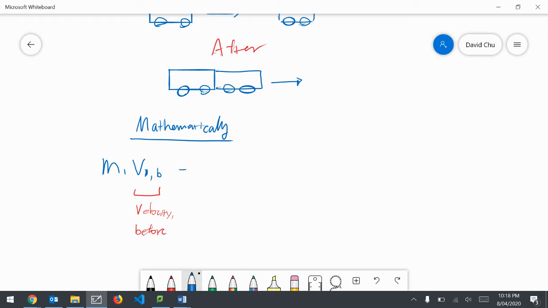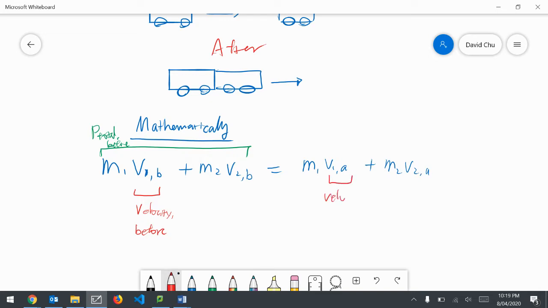Don't forget we're going to add this to the second mass times its velocity, and again I'm also going to write b here, meaning the velocity before the collision. All of this is total P before. All of this equals M1 V1 A plus M2 V2 A, where this is the velocity afterwards.